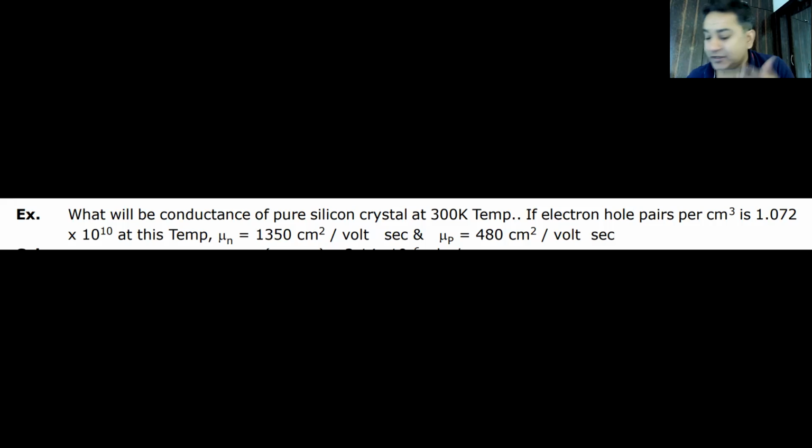There must be a printing mistake, so you can take it as the mobility of electron as this and the mobility of hole like this. Will you have to solve this? Yes or no? Yes, sir. I'll give you a minute, sir.